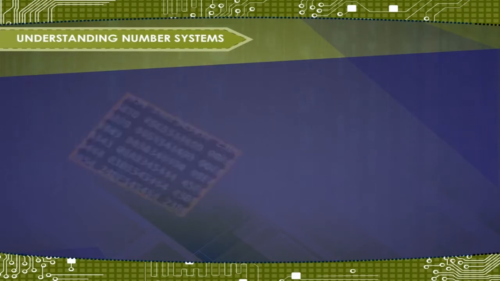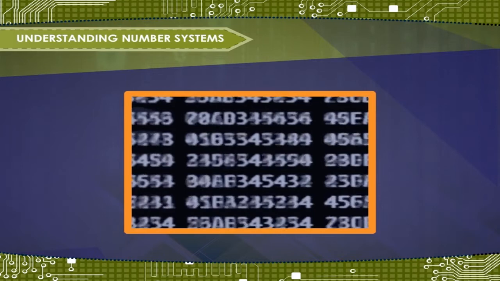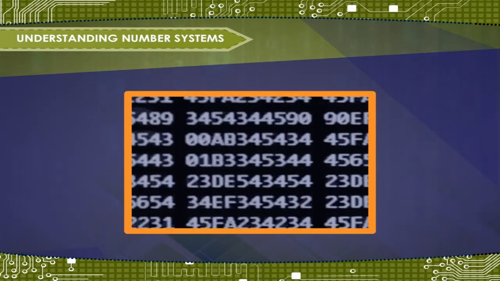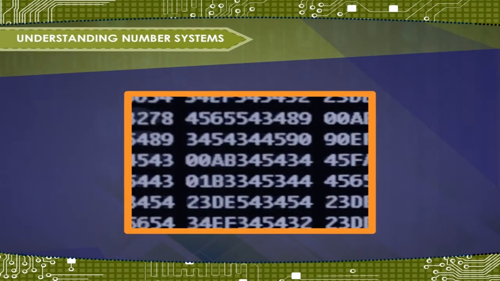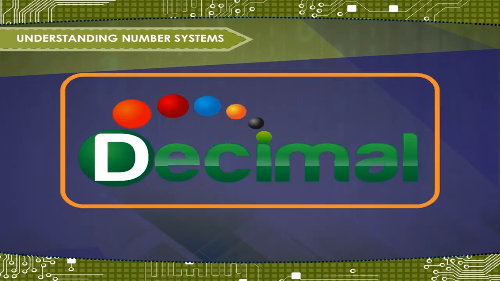Understanding number systems. A number can be represented with different base values. The base of any number system is determined by the number of digits in the system. You are familiar with the decimal numbers. In the decimal number system, there are 10 different numbers: 0, 1, 2, 3, 4, 5, 6, 7, 8, 9.